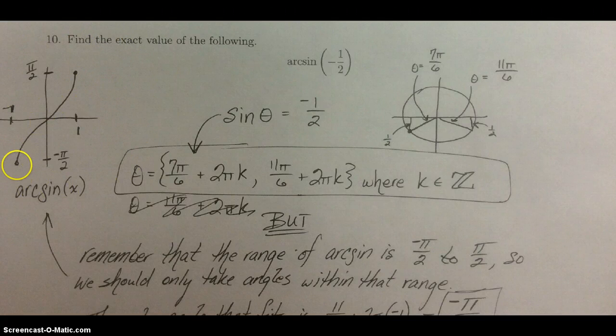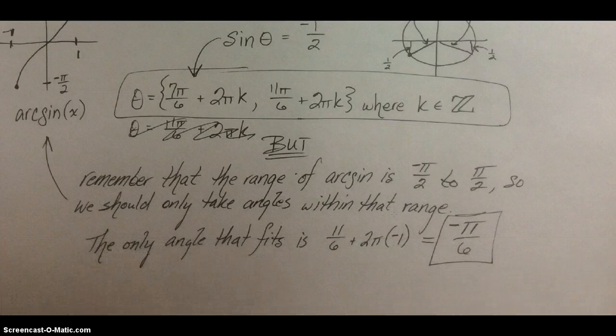Notice that it can only take values between -1 and 1, which isn't surprising, but it also has a range of -pi/2 to pi/2. So out of all these potential angles, where the sine of any of them would give -1/2, we really can only take the ones between -pi/2 and pi/2, and the only one that fits is -pi/6.